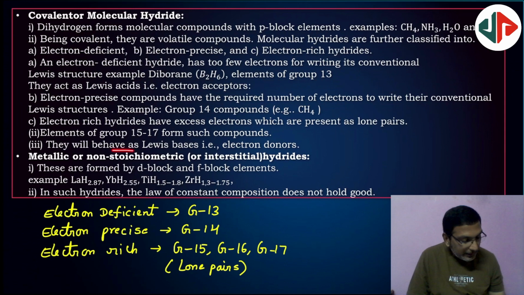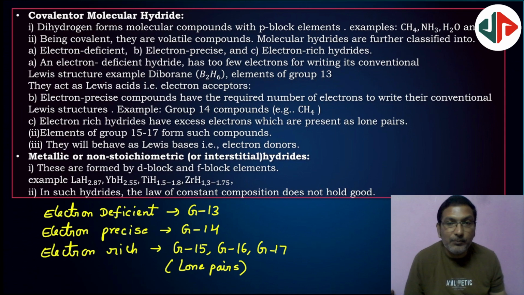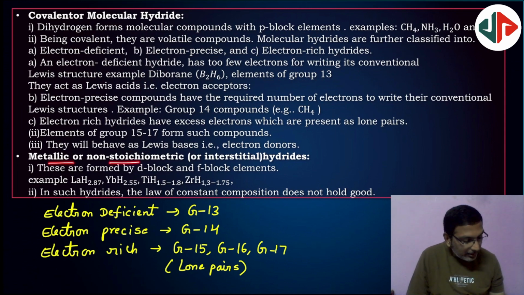These are Lewis bases. Electron deficient compounds are Lewis acids and electron rich compounds are Lewis bases. Remember these two. Due to the presence of lone pairs, these compounds can act as electron donors, therefore Lewis bases.